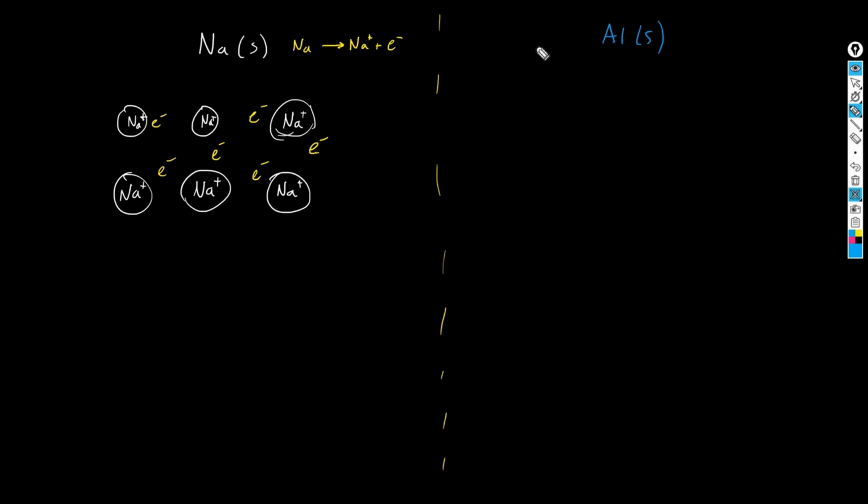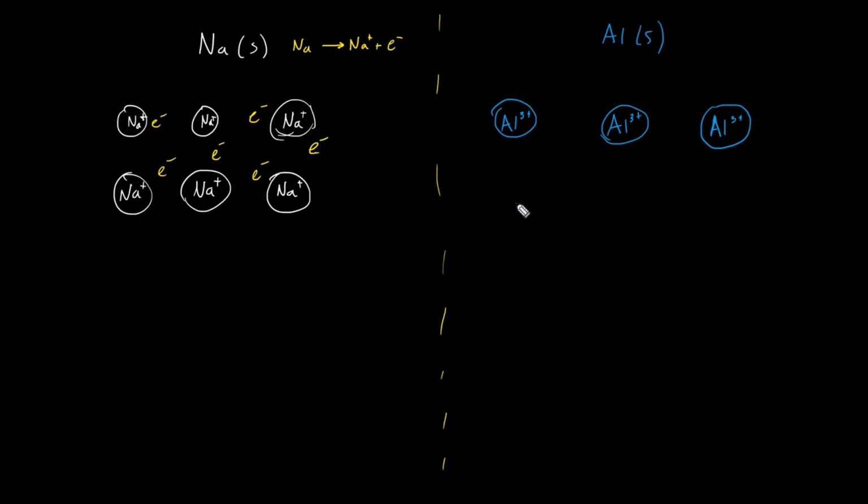With aluminum, on the other hand, when aluminum creates its lattice, it forms a 3+ ion. That's a common ion of aluminum, aluminum 3+. So when I go and draw the aluminum lattice, first of all, I'm going to draw Al3+ to make it known that I know the charge of the ion. Don't just draw a plus, because we are talking about a specific example of metallic bonding.